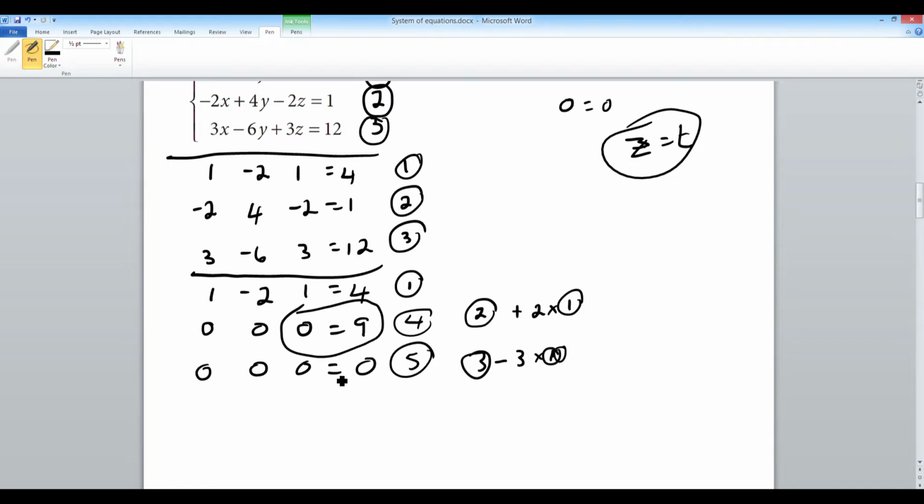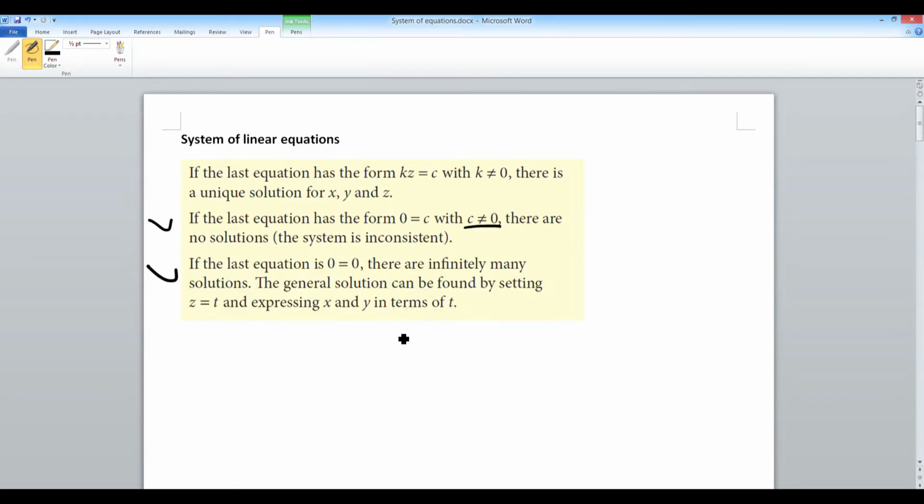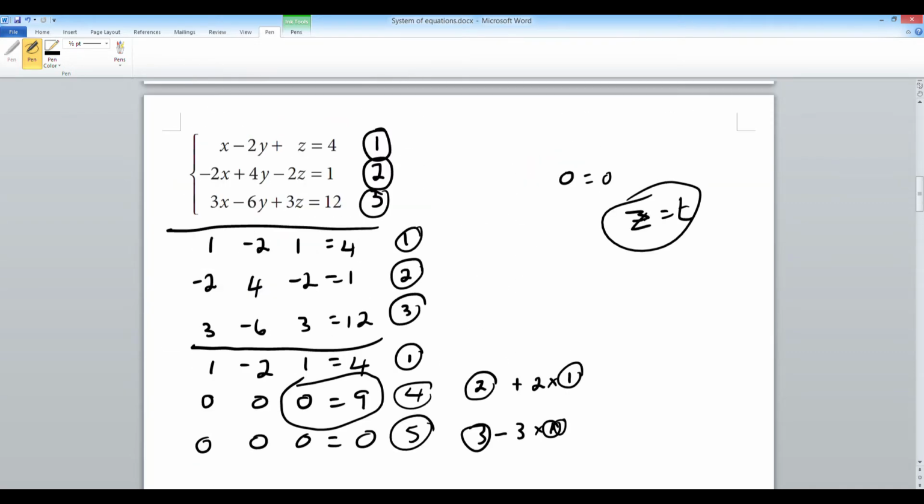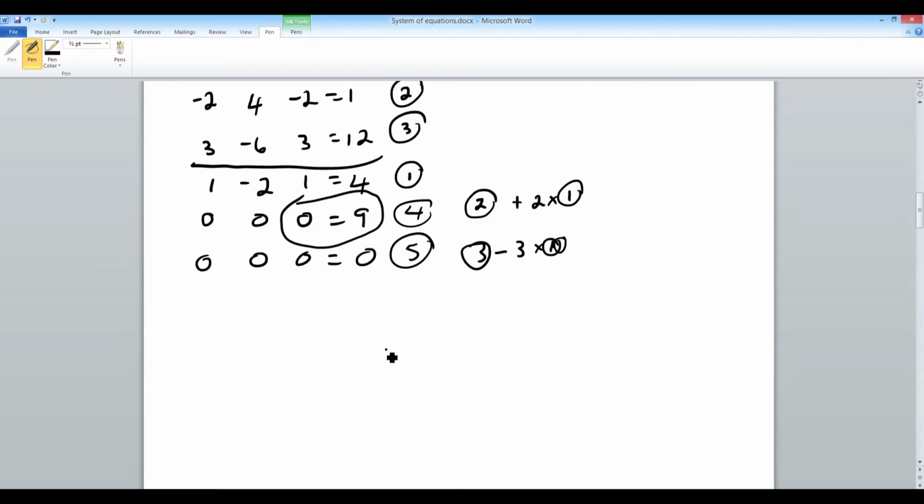So it doesn't matter if I plug in z is equal to t, my second row tells me the following. If I arrive at 0 is equal to a constant, there are no solutions. So in this case, I cannot say z is equal to t and then use backward substitution to find x and y. For this one, there are no solutions because of my second row.